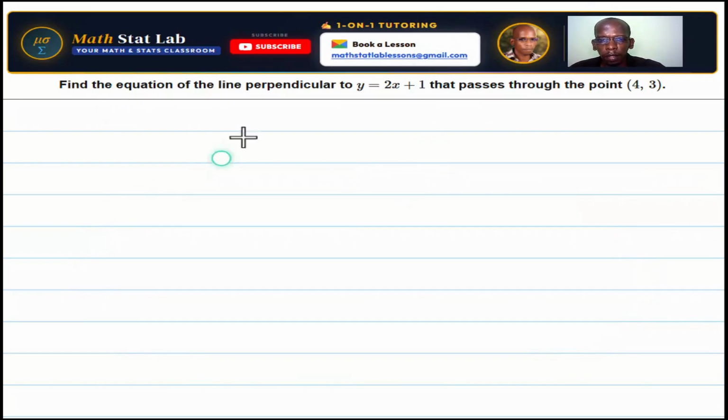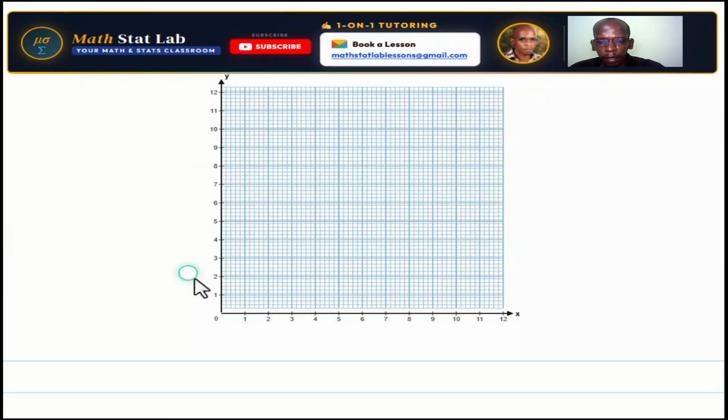Before we solve this question, can I show you what perpendicular lines mean? If you have a graph like this, and we plot two lines, the blue one and the red one, and they intersect at a given point, we say those lines are perpendicular.